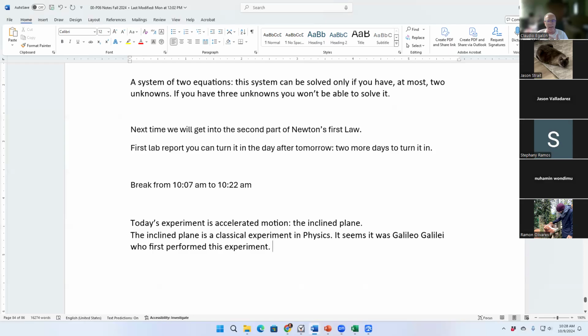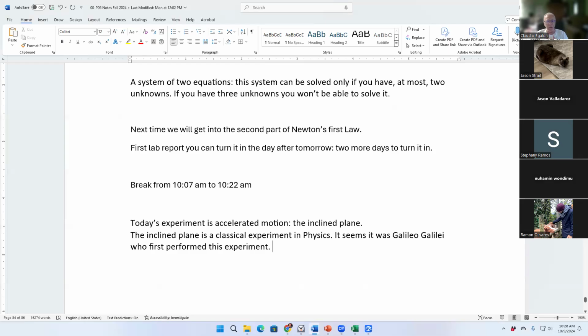We didn't have the technology that we have today. We as a human civilization didn't have photo sensors, okay? And Galileo had to make do with the technology and the skills of the time.